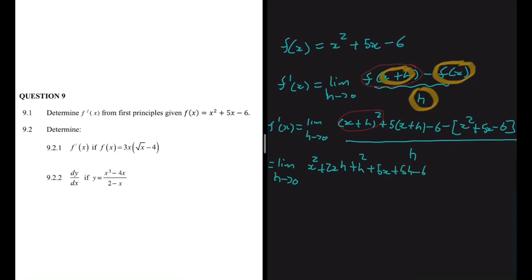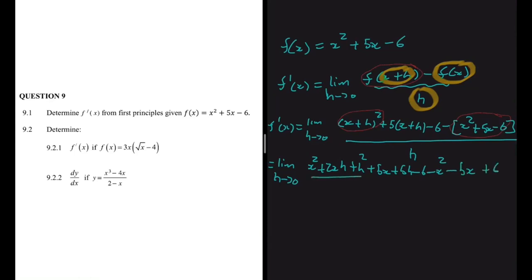Now we can take the function out of the bracket. We have a minus there, so minus multiplied by x squared will be minus x squared, minus multiplied by 5x will be minus 5x, and minus multiplied by minus 6 will be plus 6.